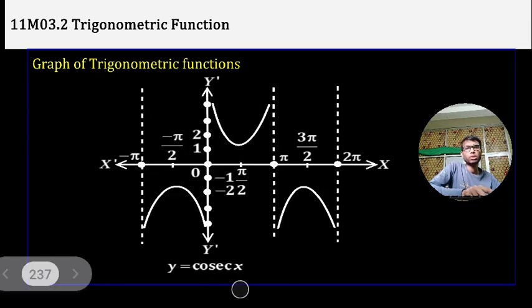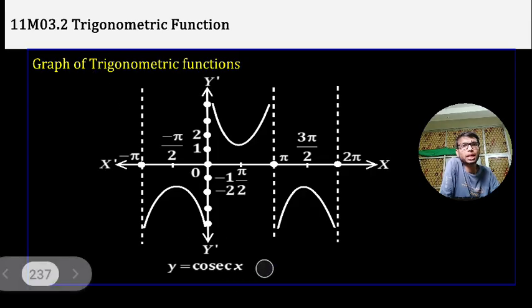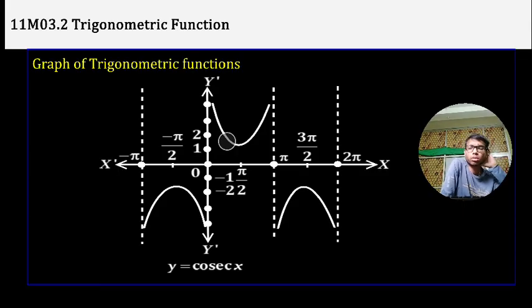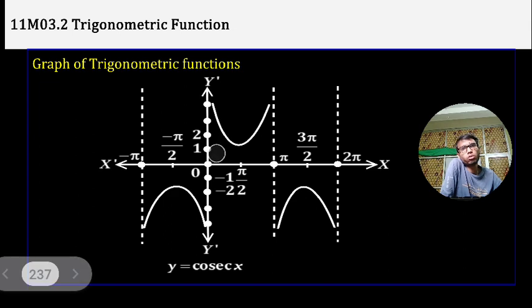And here we have y equal to cosec x. What is happening over here? It starts from 1. As we know, cosec x also takes infinity, and it starts from minus 1 or 1.